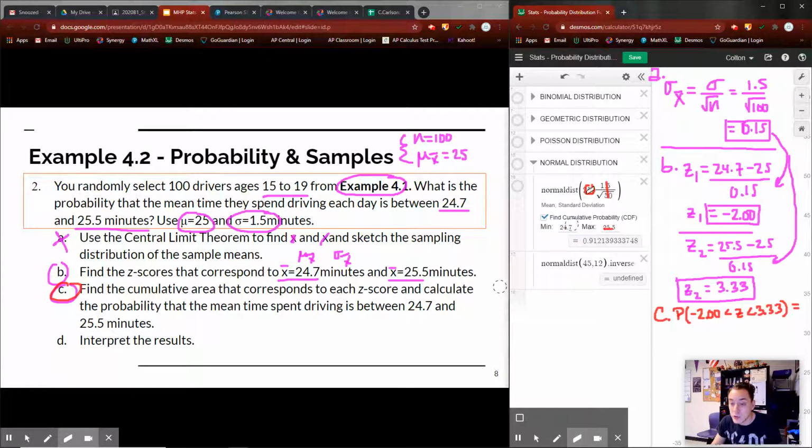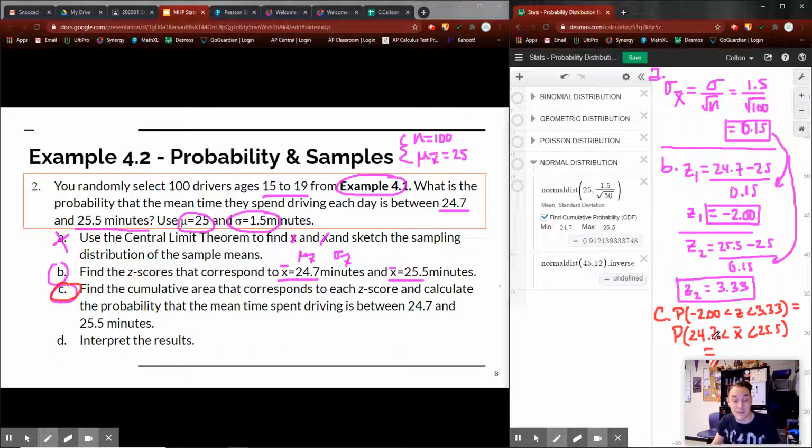I could absolutely do that. I'm not going to, though. However, I am going to find the probability of my x values, my means, being between 24.7 and 25.5. That's what I'm actually trying to find.